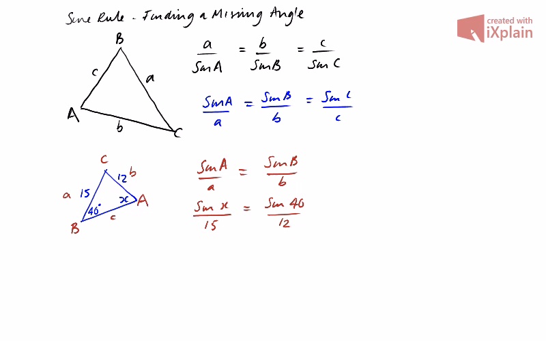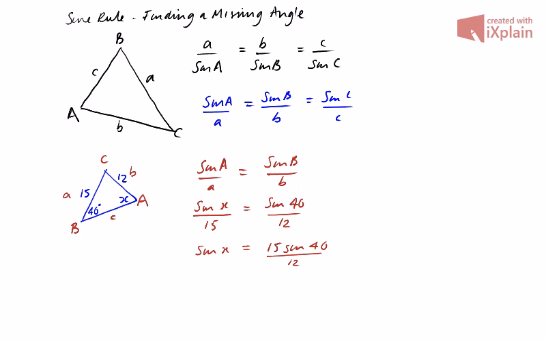First thing we can do is multiply both sides by 15 and get rid of that 15 on the bottom of the fraction there. So that would give us sine x equals 15 sine 40 over 12. And probably at this stage the best thing to do is to put all of that right hand side into a calculator and work it out. So type in 15 sine 40 and divide by 12.